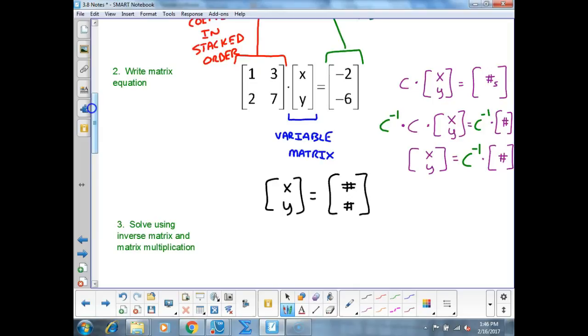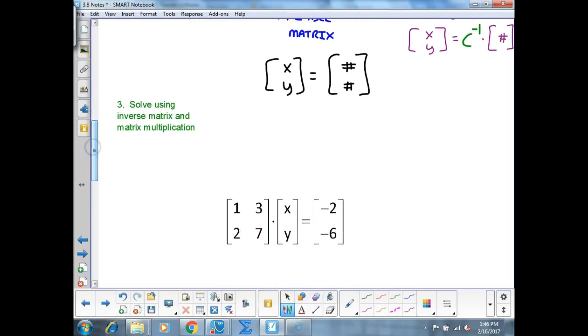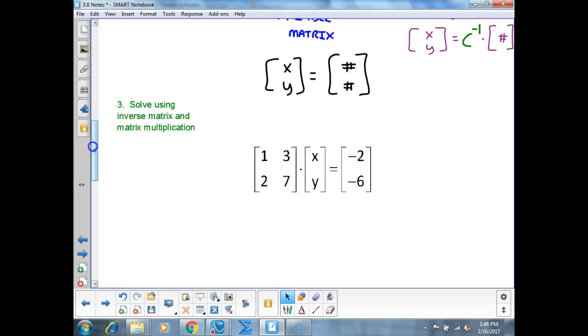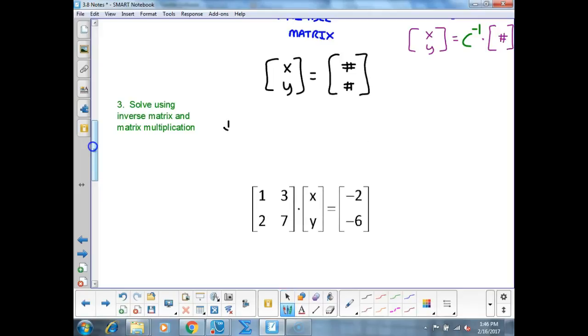Okay? So to solve this matrix using inverse matrices, the first thing that we need to do is find the inverse of my coefficient matrix, right? So that's going to be 1 over cross minus cross, right? So that's going to be 1 times 7 minus 2 times 3.